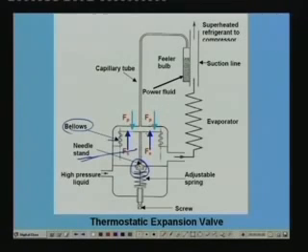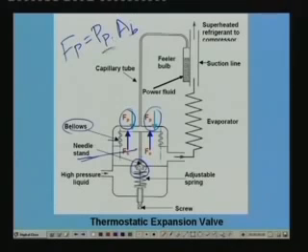For example, if you look at the bellows, the downward force is Fp, okay, and this Fp is due to the pressure of the power fluid. Okay, so you can write Fp is equal to Pp into AB, where Pp is the pressure exerted by the power fluid and AB is the area of the bellows.